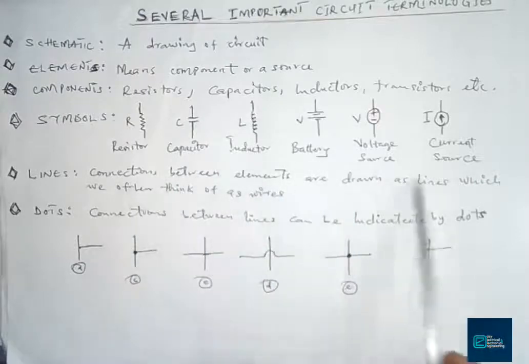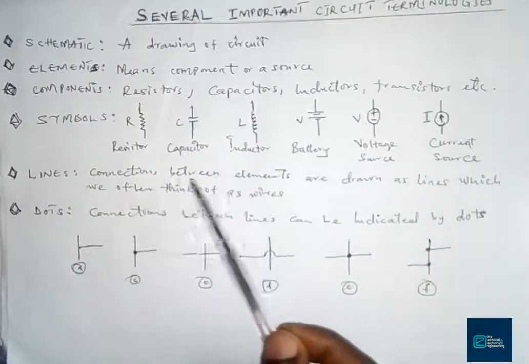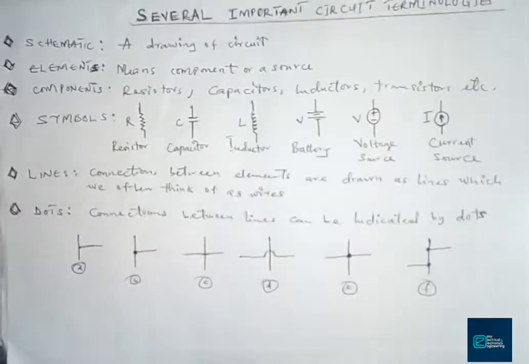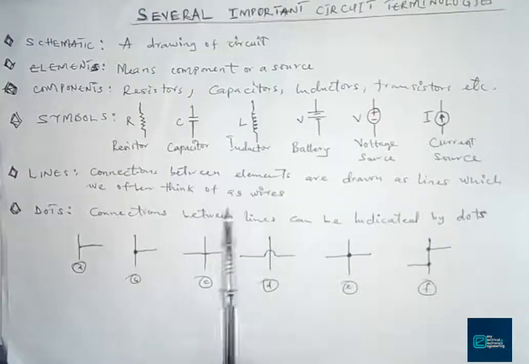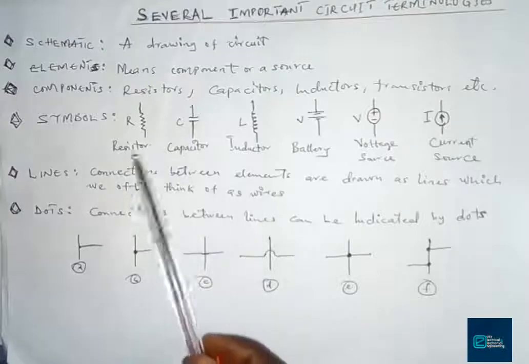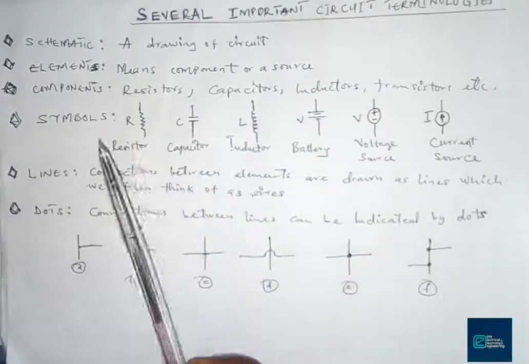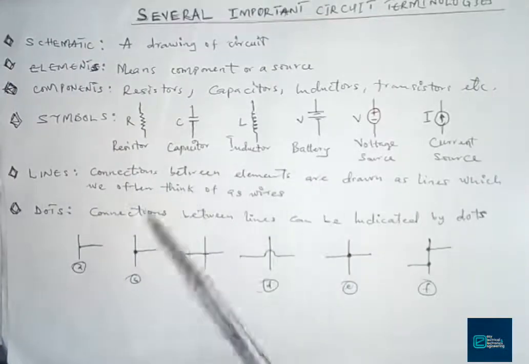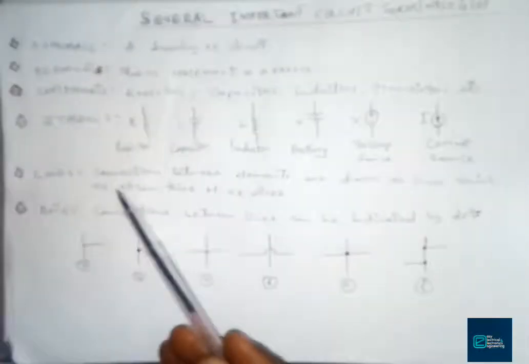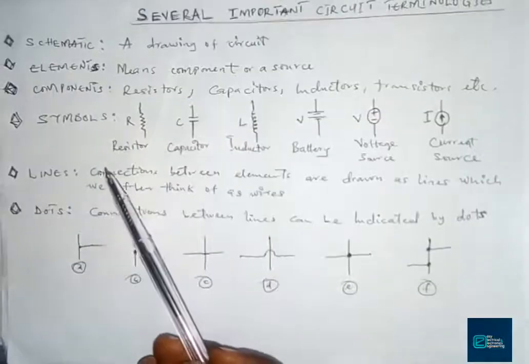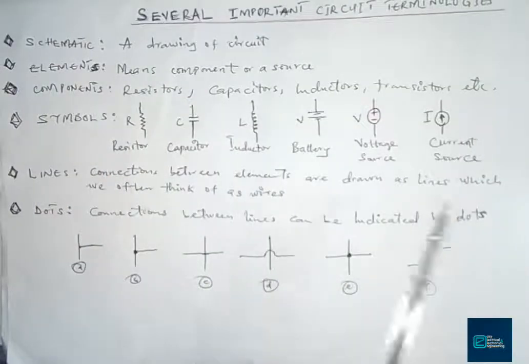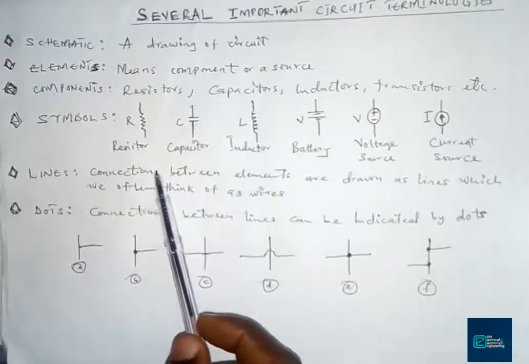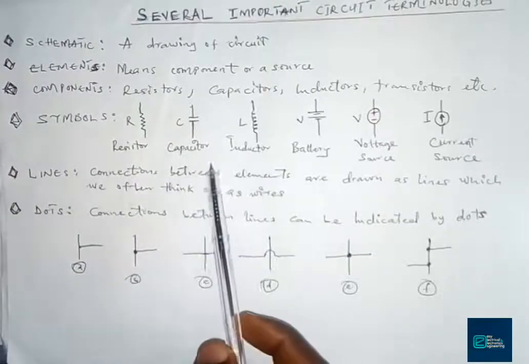So we make use of lines to represent connection between elements in a circuit. When drawn on a schematic, lines represent perfect conductors with zero resistance. So every component or source terminal touched by a line has the same voltage in a circuit. That is the application of lines.